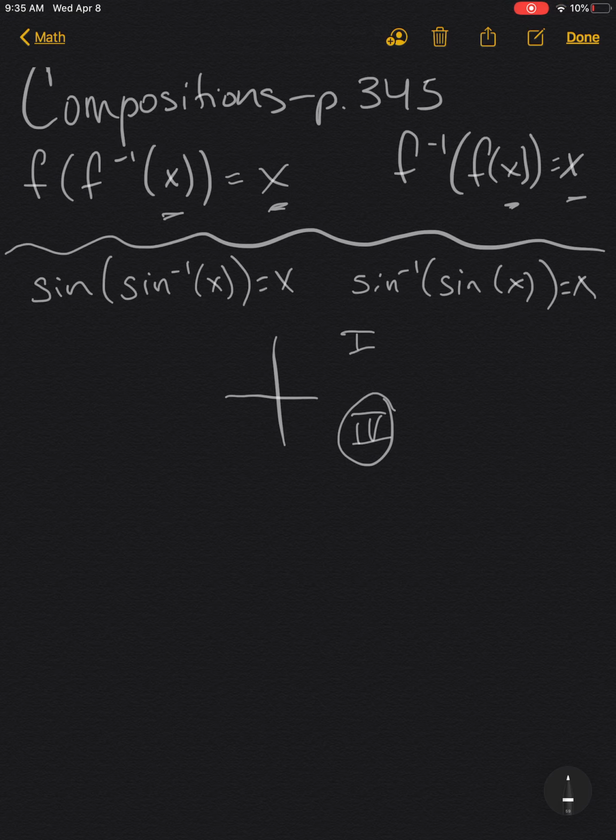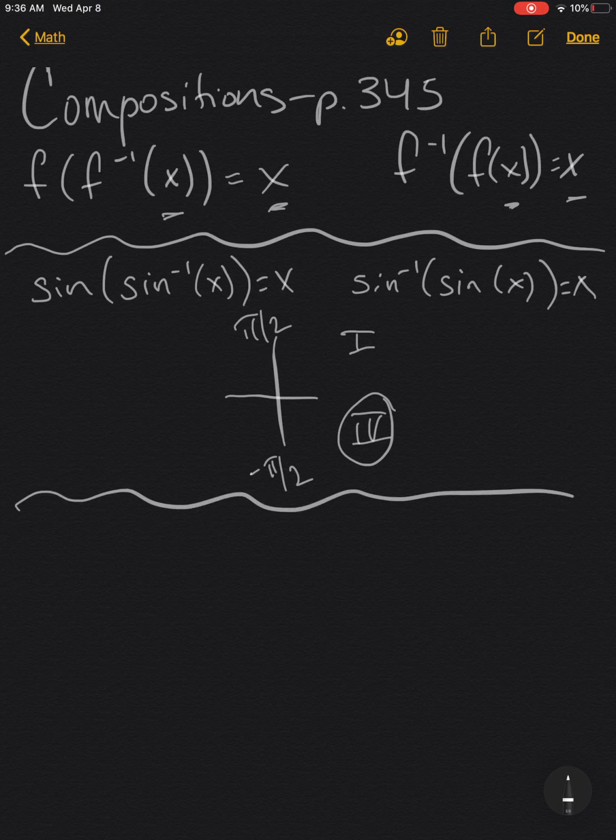It's going clockwise, negative pi over 2, right? And counterclockwise to pi over 2. So for arcsine and arctan, we can only have values between negative pi over 2 and pi over 2, whereas cosine is from 0 to pi. Okay, so we have to be super careful that the value given is a value within this range.